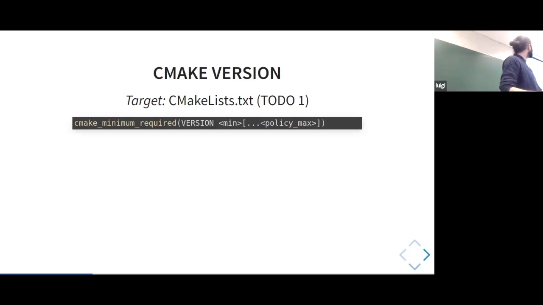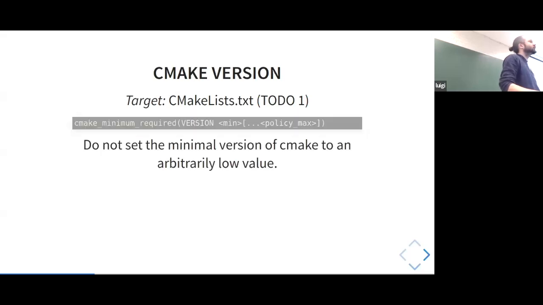The first thing to do is to set the minimal version of CMake. We always have to take care of versions in pretty much everything we do on a cluster. One thing that would work is to set the minimal version to an arbitrarily low value of CMake. It will work, but I advise you not to do it.